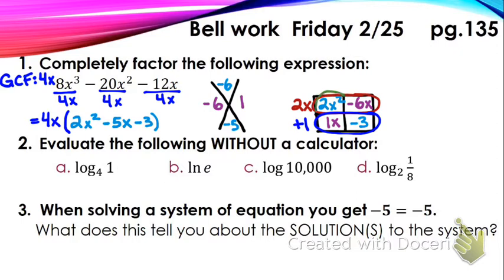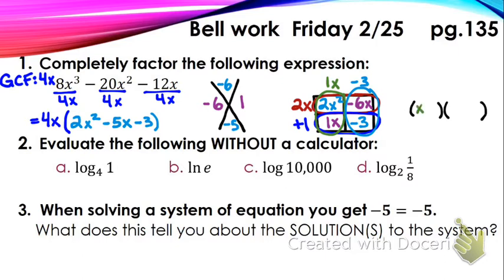Okay, then I can look at my left column. I have 2x squared and 1x. My greatest common factor would be just 1x. And my final one, on that right column, I have negative 6x and negative 3, so negative 3. Okay. So I'm going to write those factors in 2 sets of parentheses.